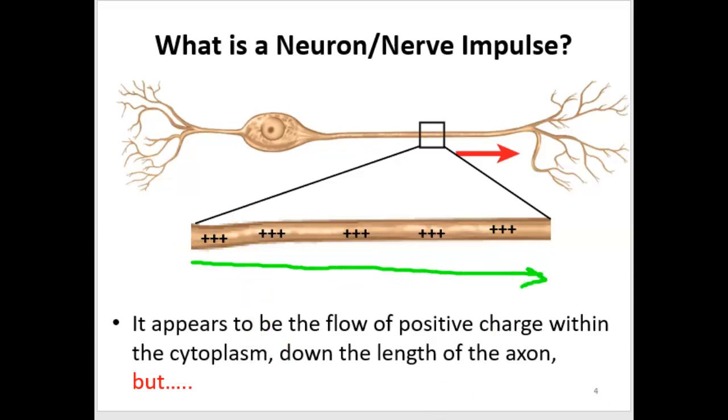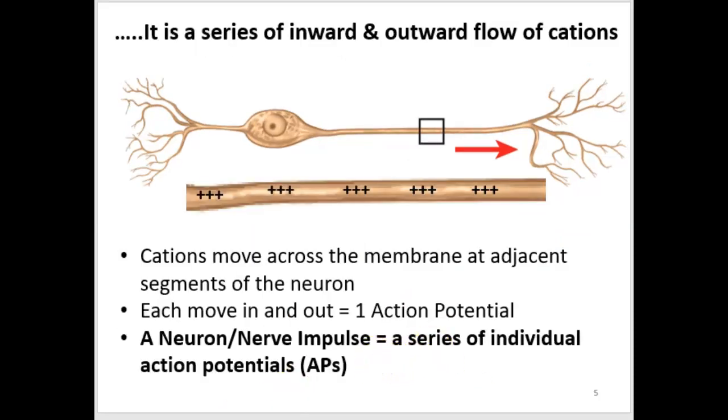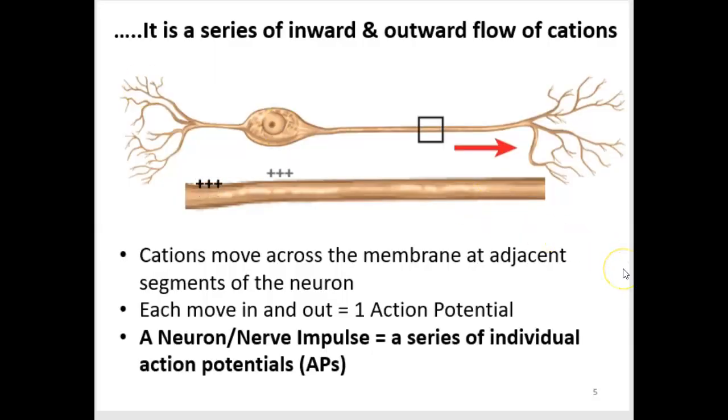But it turns out that actually a nerve impulse occurs when, and I want to show you this slideshow. What really happens is that there's a series of inward and outward flow of positive ions or cations.